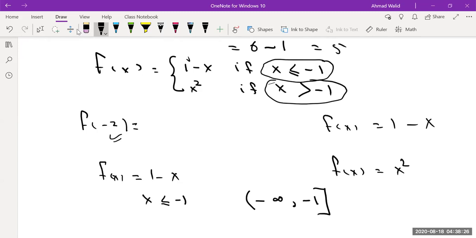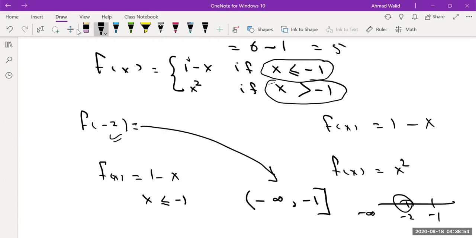That's the meaning of x less than or equal to -1, correct? That's your domain. Now check, is -2 in this set? On the number line, here you have -1, here is -2, and you go to negative infinity. You see -2 is in the domain of this function. Then you can plug -2 into this function and evaluate it.